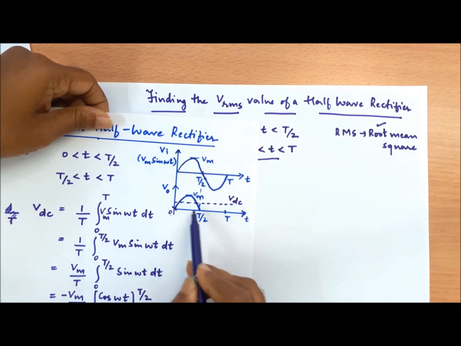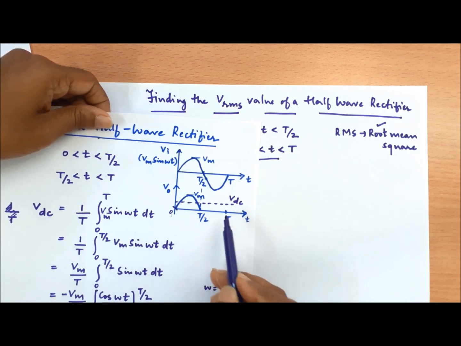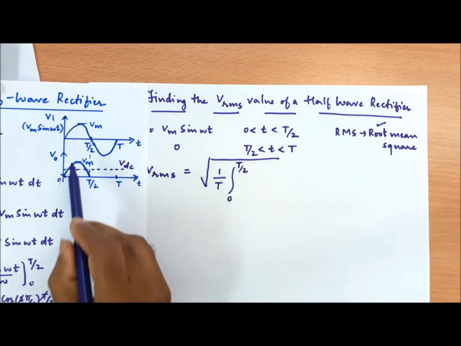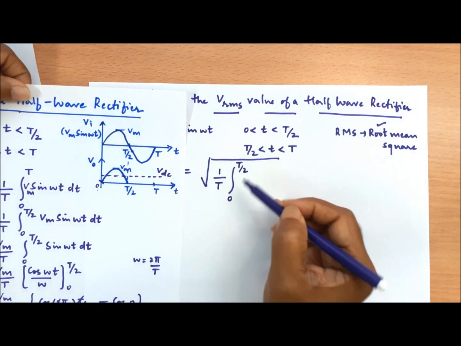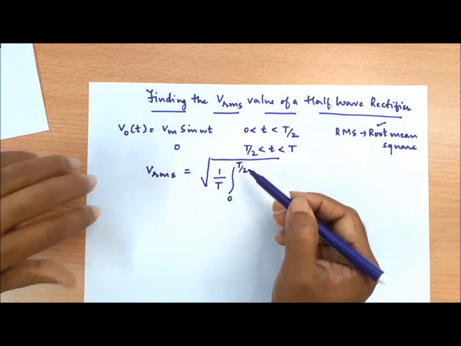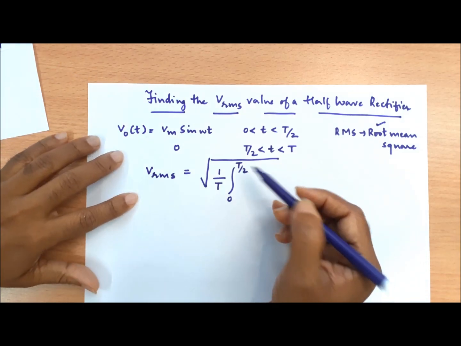However, the period or the cycle is from 0 to T. Because the cycle is from 0 to T, I am considering it as 1 upon T, whereas the output is appearing only from 0 to T by 2. So the integral is 0 to T by 2, because from T by 2 to T there is no output.